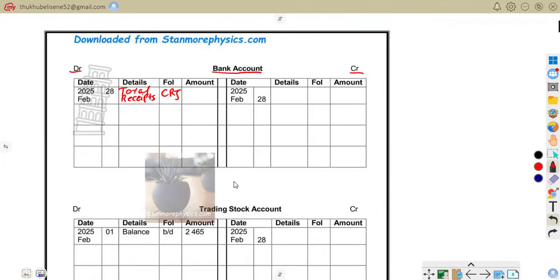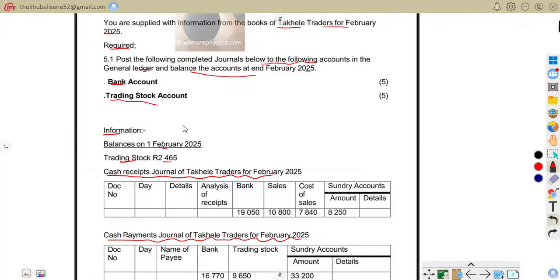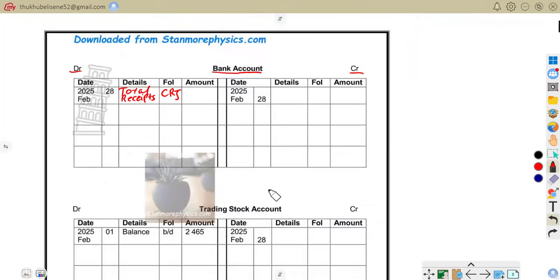So how much is there? Our total receipts in the cash receipts journal. If you go back, you can see that in the cash receipts journal, remember we are doing the bank account, so the money for bank is 19,050. So we are going to write 19,050.